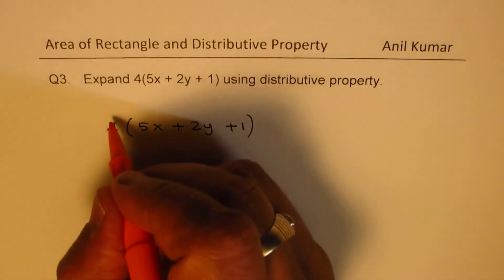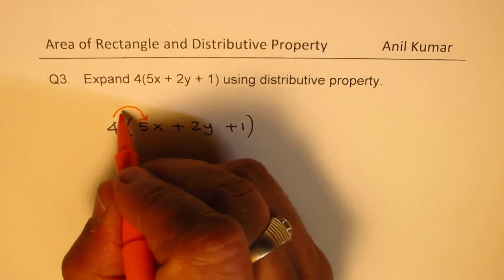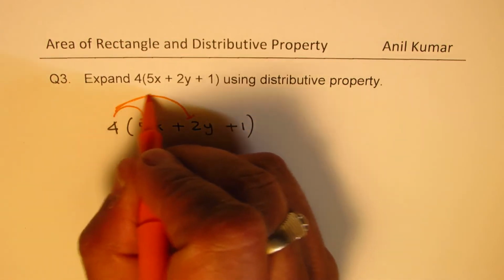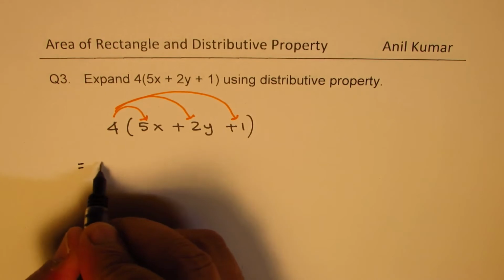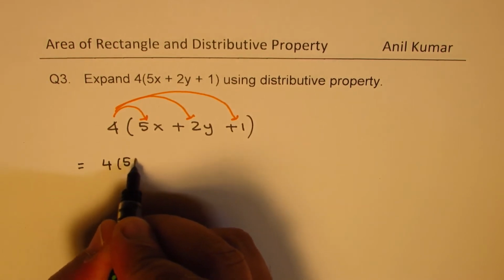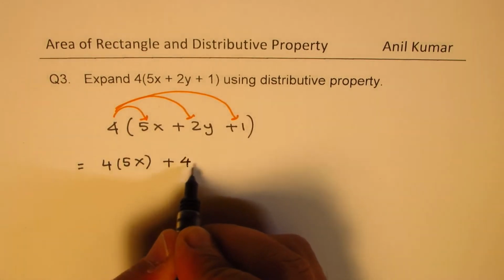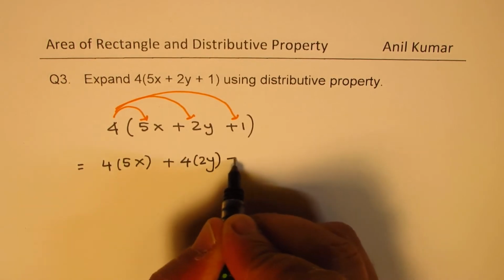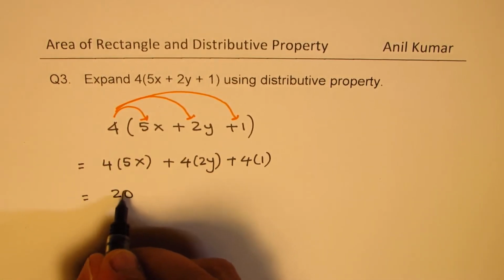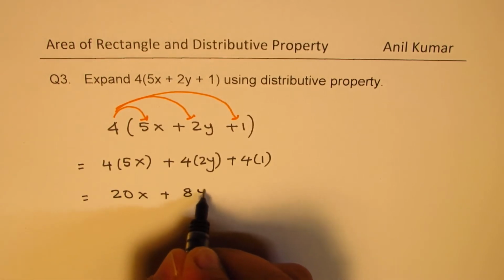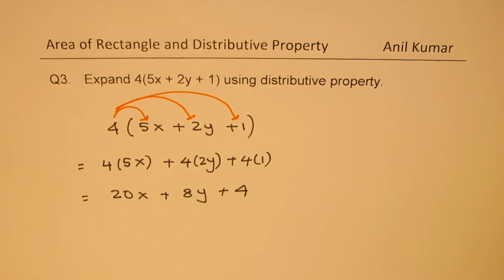That means multiply first 4 by 5x, then by 2y, and then by 1, correct? And add them all. So we get 4 times 5x plus 4 times 2y plus 4 times 1. That is 20x plus 8y plus 4. So that becomes our answer. Is that clear to you, right?